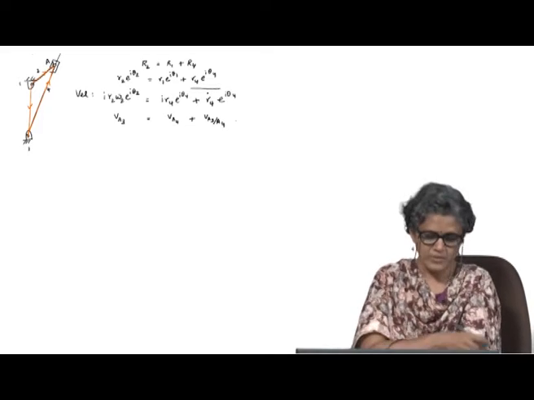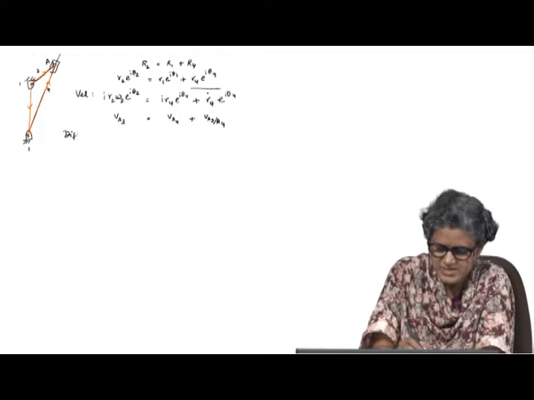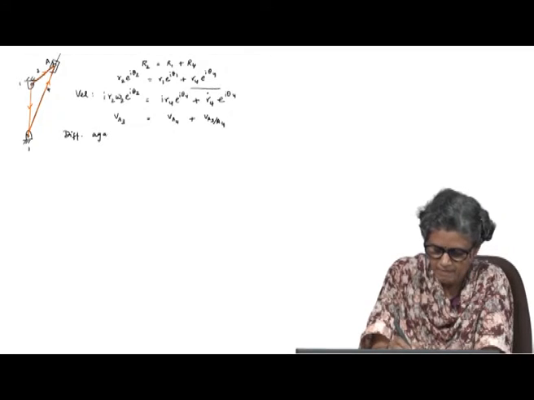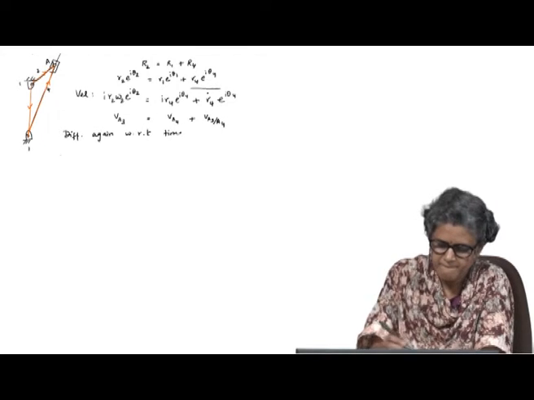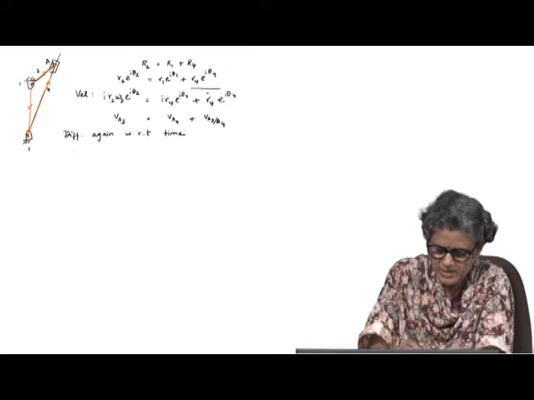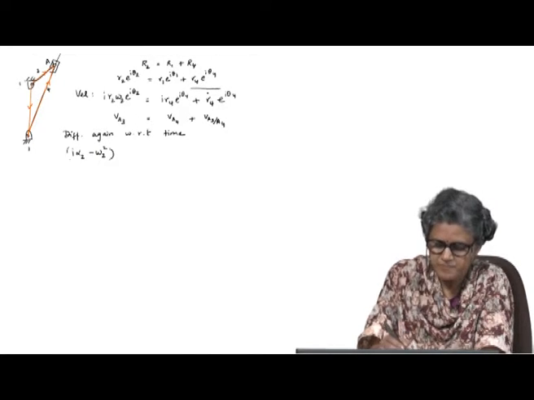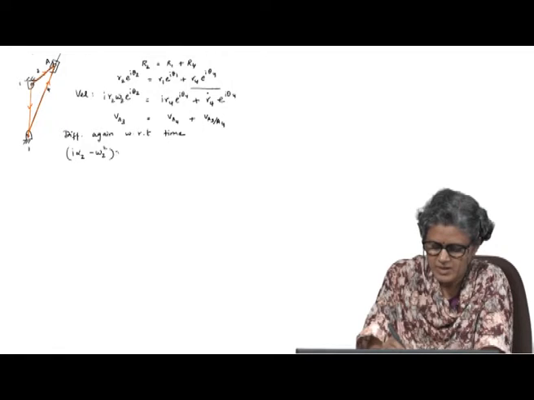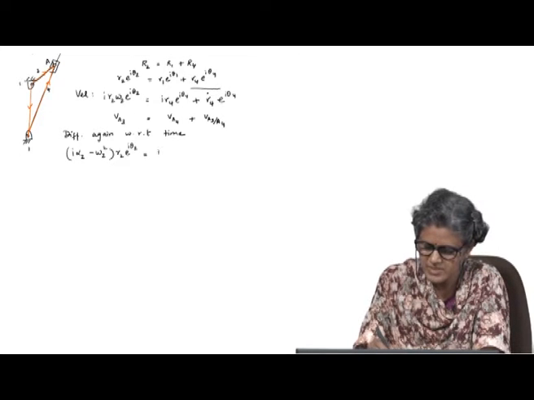So, now we differentiate again to get the acceleration. And we get i alpha 2 minus omega 2 square R2 e power i theta 2 equal to, here I get a similar form.